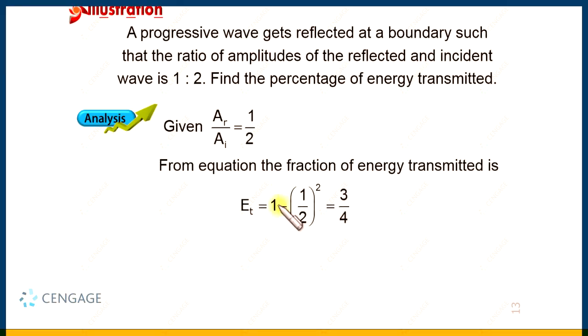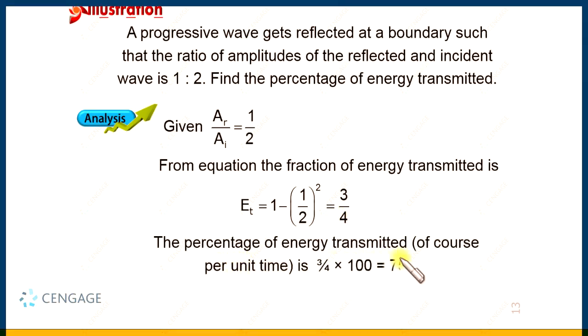Okay. This is equal to 3/4, and 3/4 if we convert into percentage is equal to 75%. So, we can say 75% energy, that is the energy per unit area per unit time, in fact expressed in terms of the intensity, is being transmitted.